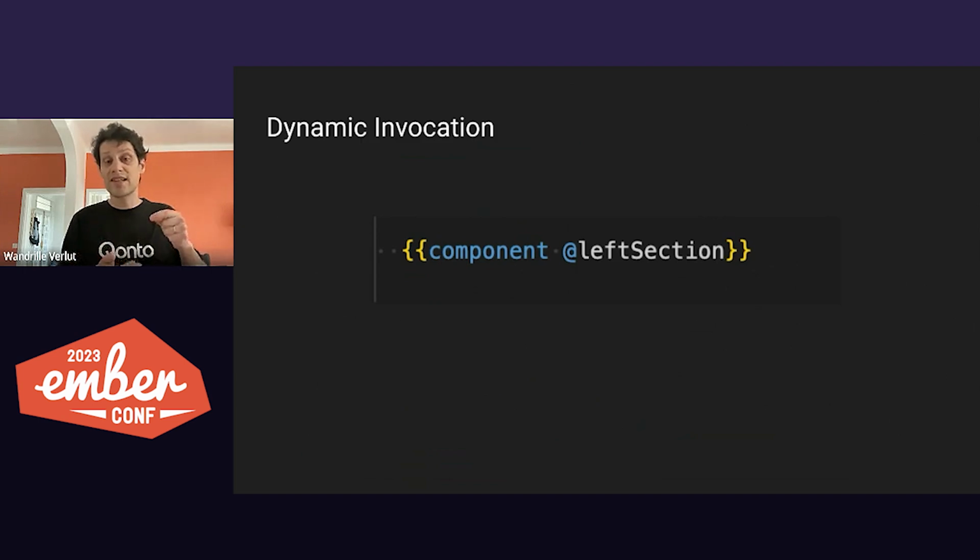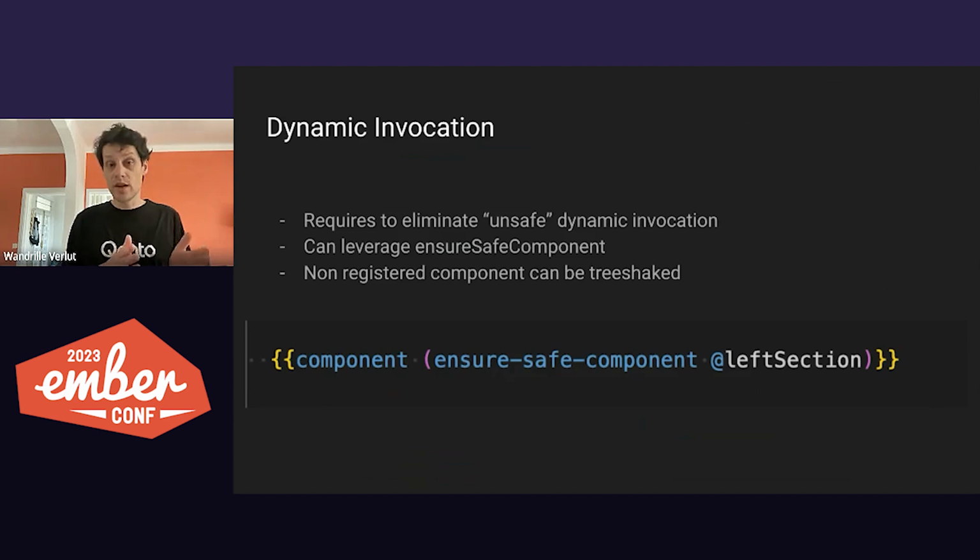But this prevents static analysis, as Embroider at build time cannot know which component is required. But there's a way around to fix this. The ensure safe component helper provided by Embroider will turn a component class into a component definition that can be invoked in the template.